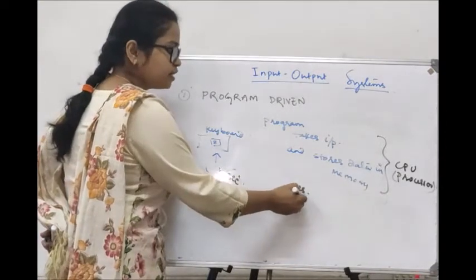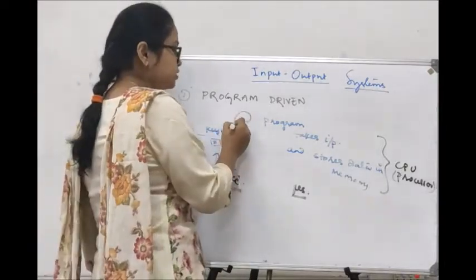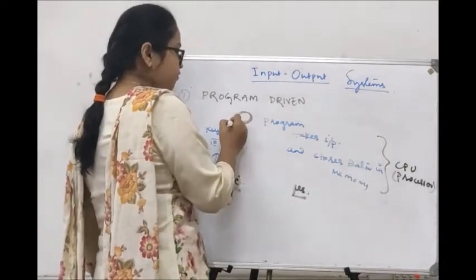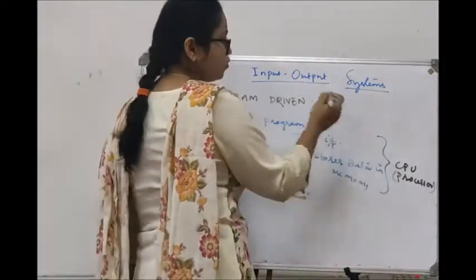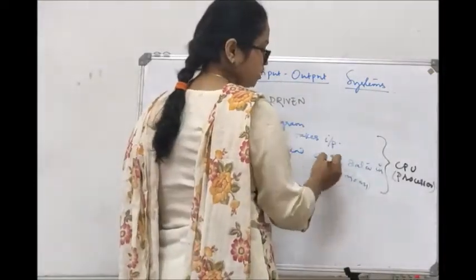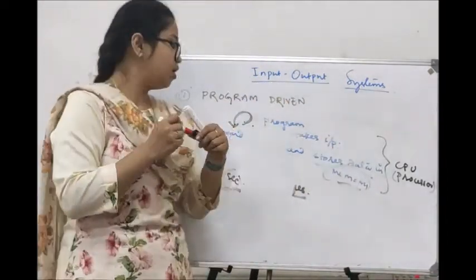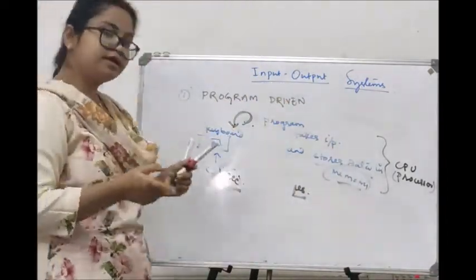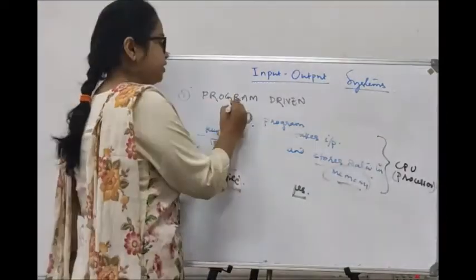So there is a great mismatch, isn't it? The program continuously asks for input, and when the input 8 is given, only then will the CPU store the data in memory. So until you give an input, it will busy wait.